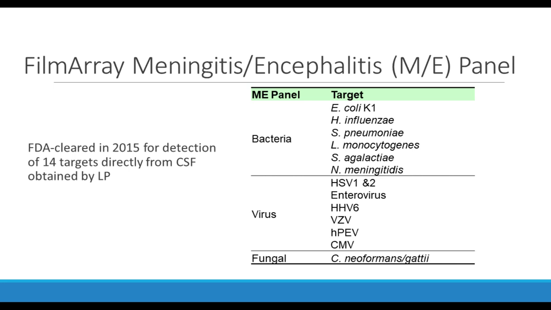In the U.S., many people are familiar with the FilmArray meningitis and encephalitis panel, the ME panel, which was FDA cleared in 2015 for the detection of 14 targets directly from CSF, which was obtained by lumbar puncture.